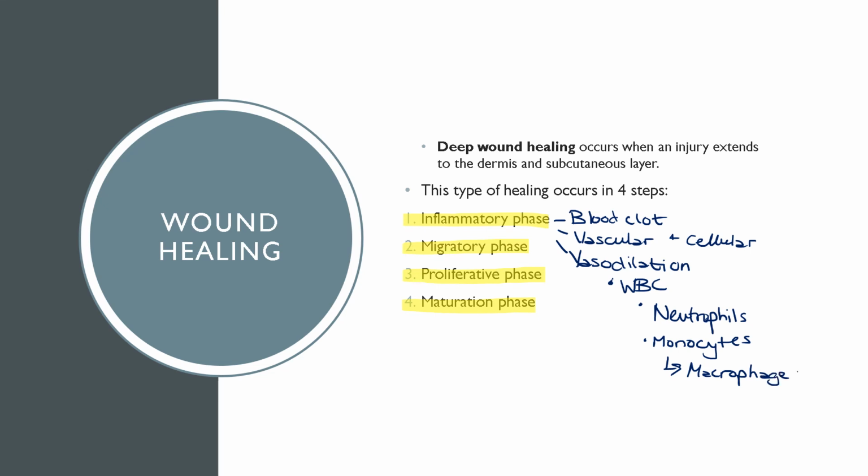That really good cleaning up cell engulfs and eats a lot of debris, dead cells, bacteria, that kind of stuff. Now the 3 phases that follow pretty much do all the work of repairing the wound. So in the migratory phase, this is where the blood clot becomes a scab.